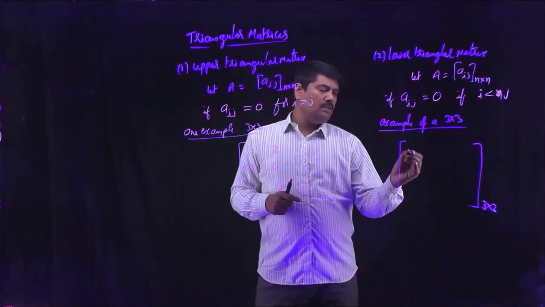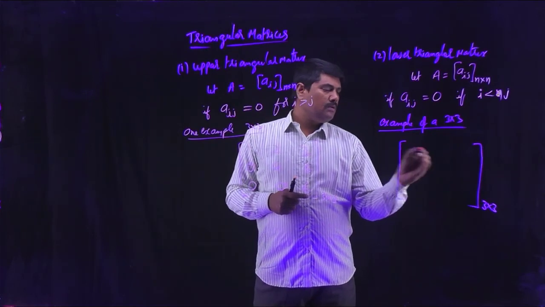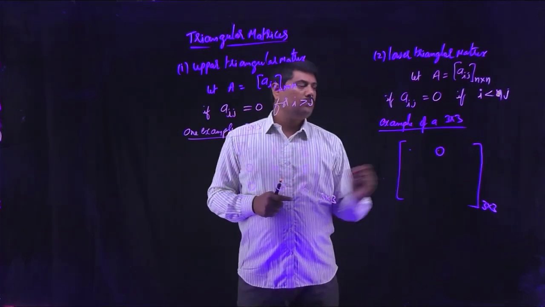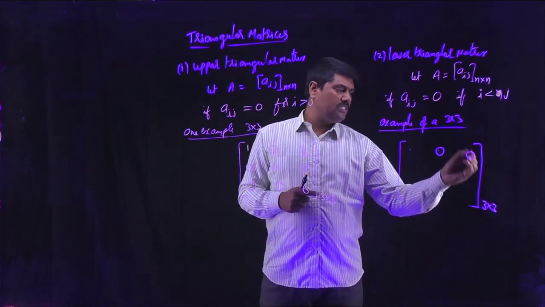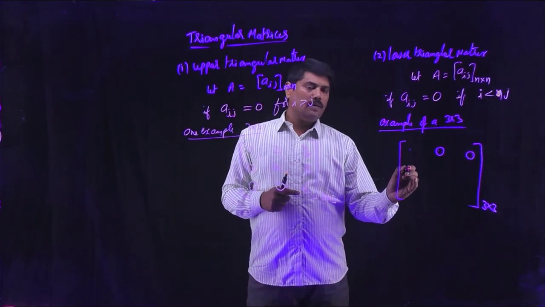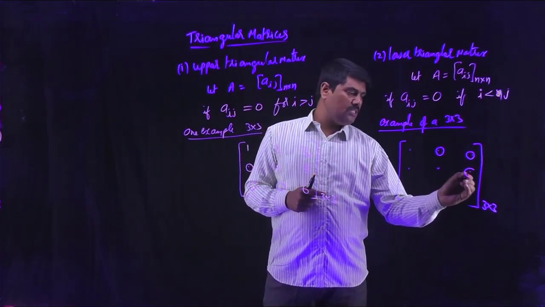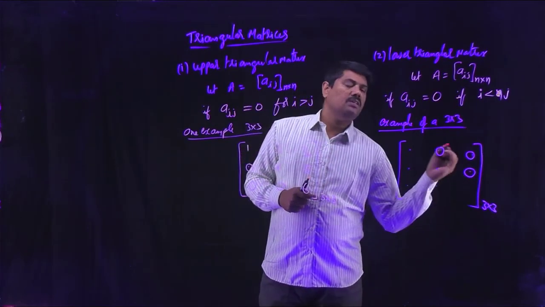Let me first explain the element positions. This is 1 1, this is 1 2, 1 less than 2, so this has to be 0. Its position is 1 3, 1 is less than 3, so that it is 0. This is 2 1, this is 2 2, this is 2 3, 2 less than 3, so that it is 0. These are 3 1, 3 2, 3 3.